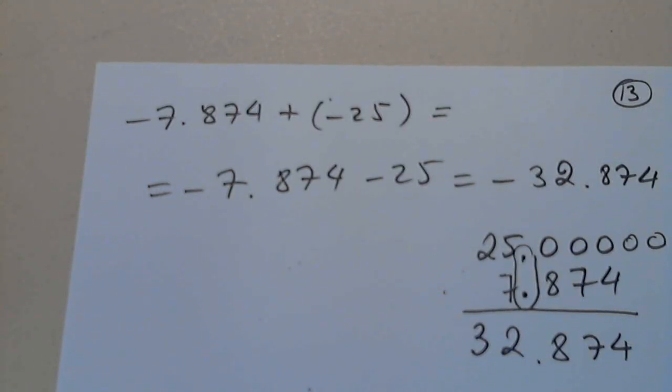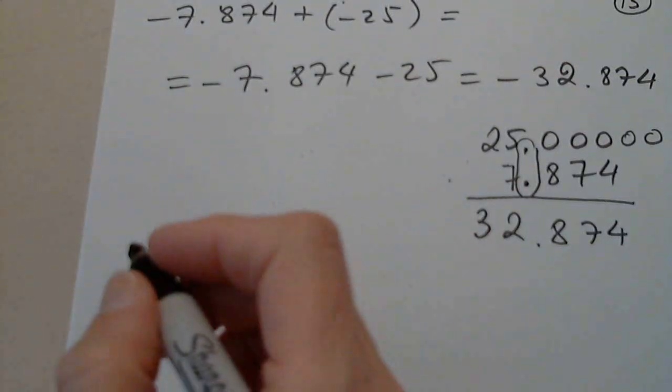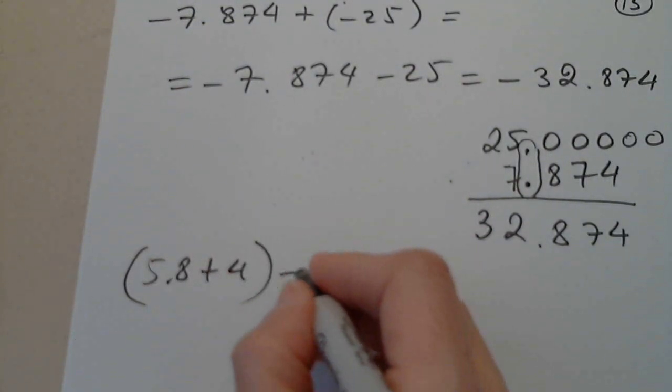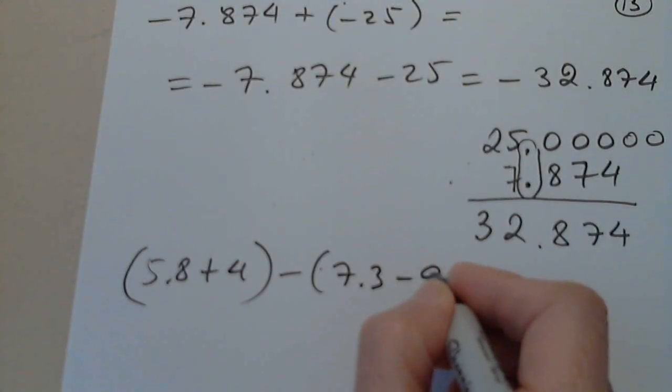Let's see what else. Same thing. Let me know if you want to work on any of these problems. We have 3 numbers to add or subtract. Can we work on that one? Perfect. So we have 5.8 plus 4, and then minus 7.3 minus 9.